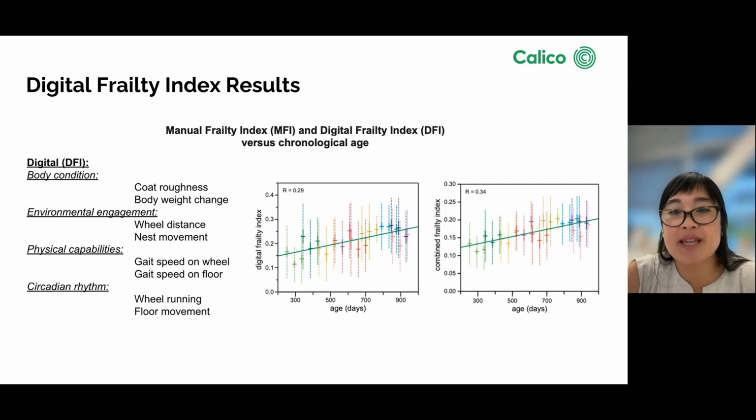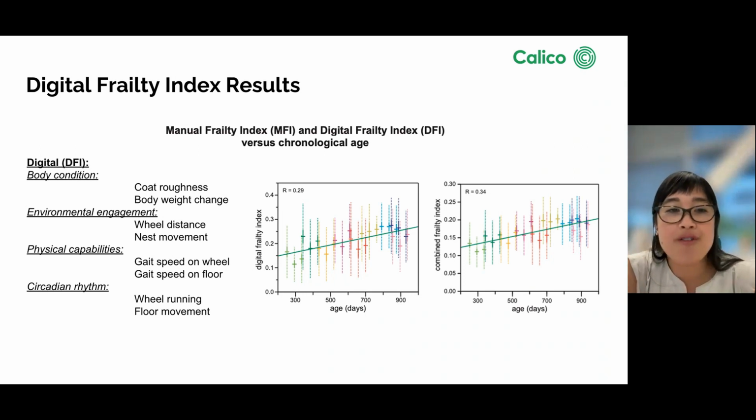And what we found was that our digital frailty index, that's the figure to the right, had a higher correlation to chronological age than, that's the figure to the left. Our digital frailty index had a slightly better correlation with chronological age. But when we combined that with our manual frailty index, when we took both into account, we had an even higher correlation to chronological age.